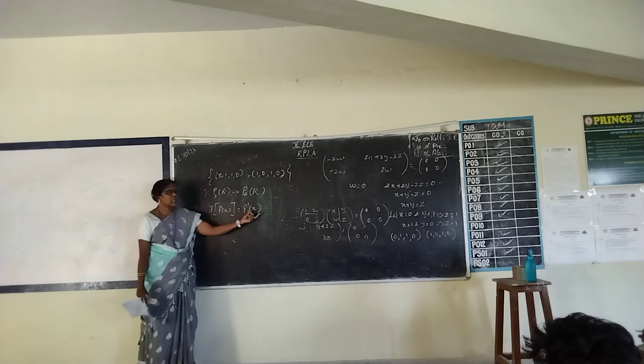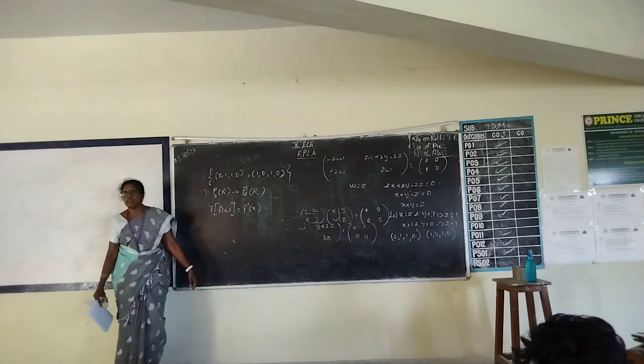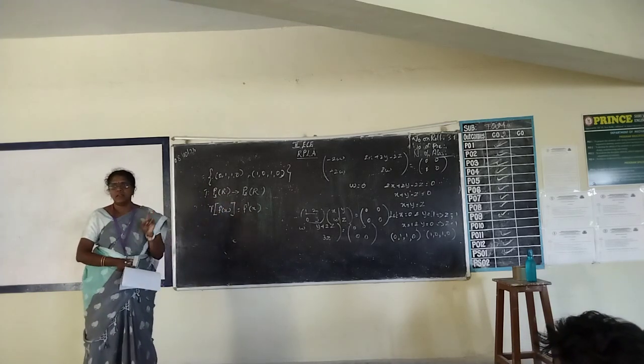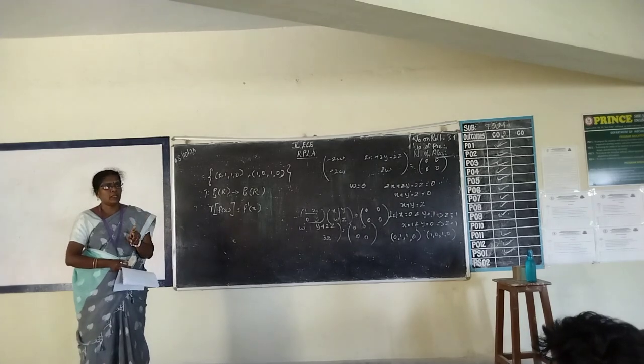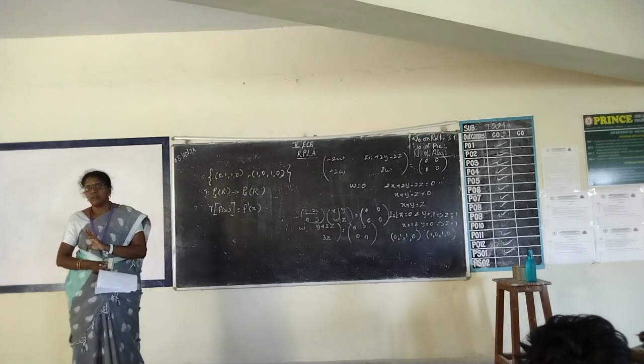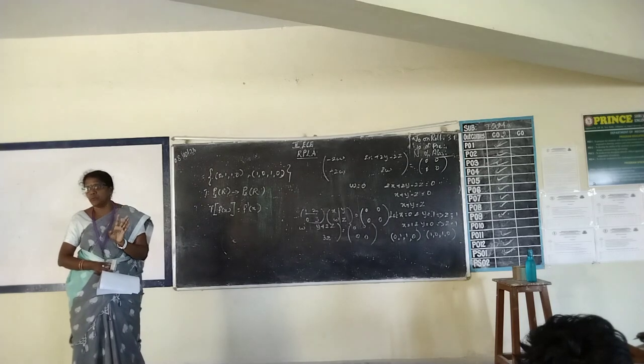What is the condition? f dash of x should be equal to 0. The third order polynomial is a0 plus a1x plus a2x squared plus a3x cubed. For the null space, f dash of x should be 0.